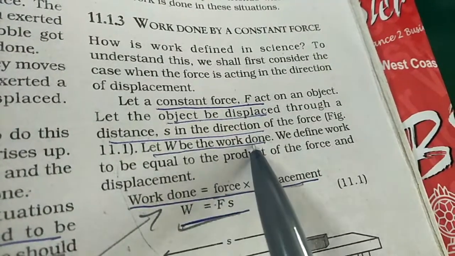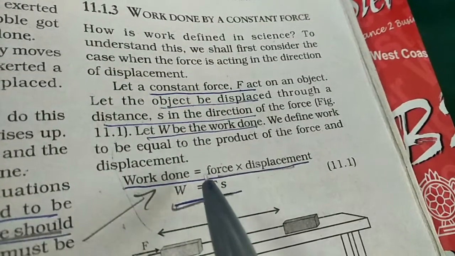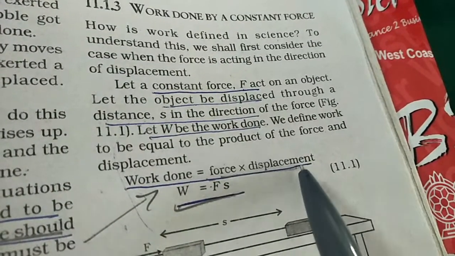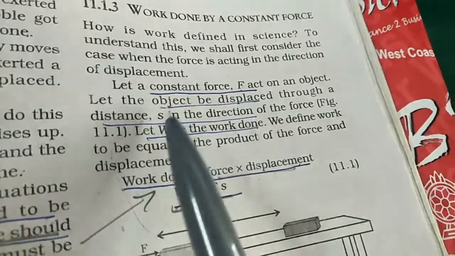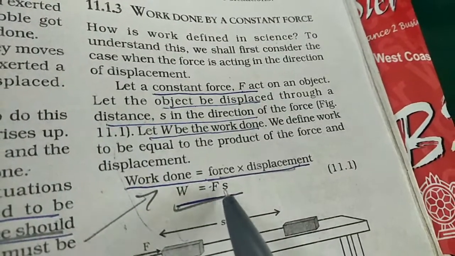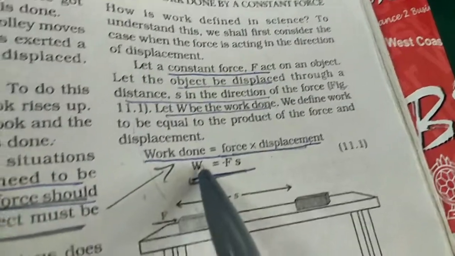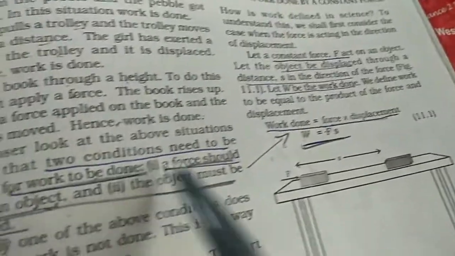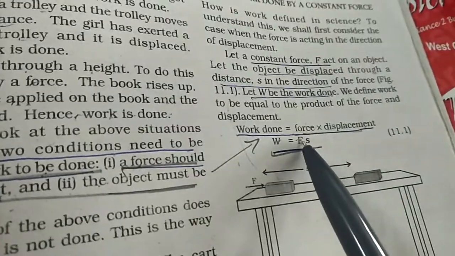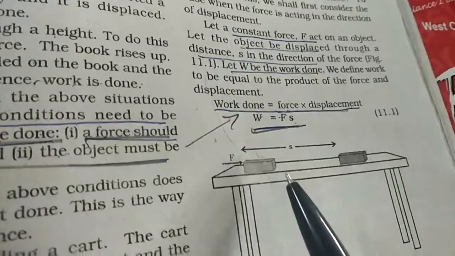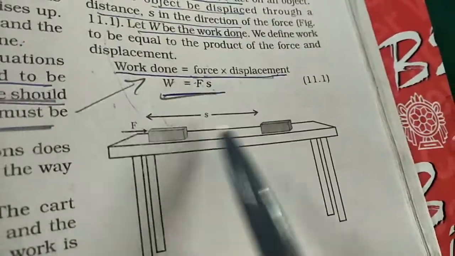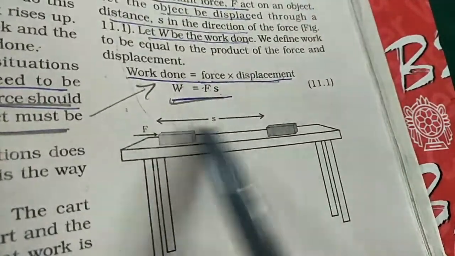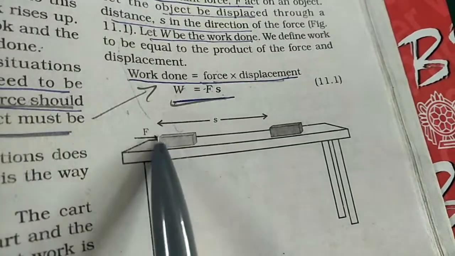Then the formula is force into displacement, that is F into S is equal to work done. Whenever you are displacing some object by a distance S and you are applying the force, then the work is said to be done.